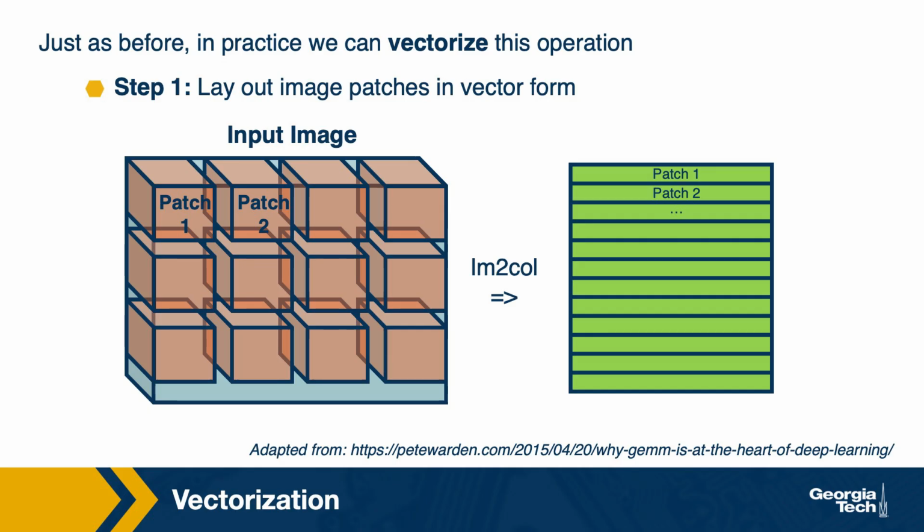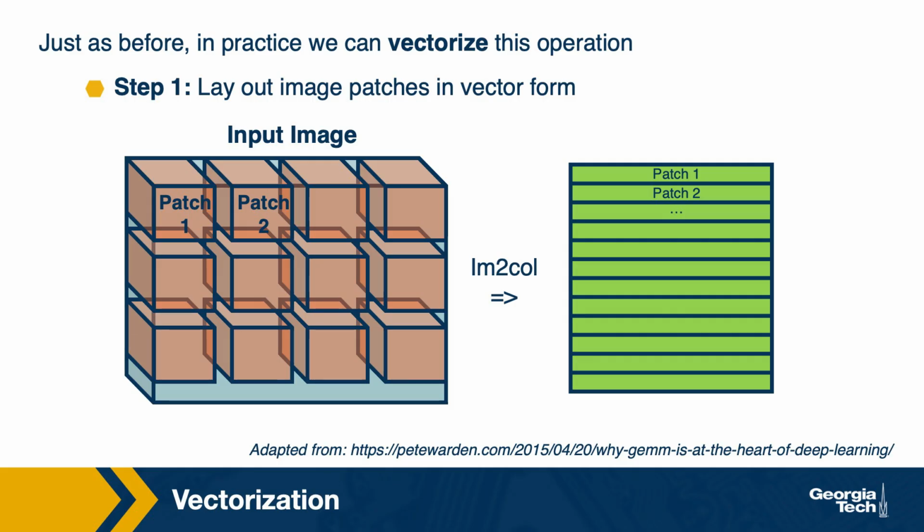Just as with any other layer, we'll want to vectorize the operation that we want to perform. This is because specialized processors, such as graphics processing units, are really good at these linear algebra operations. And so rather than take the image patches and do a for loop around them in order to apply the kernels, we're going to take the image patches in the image and vectorize them.